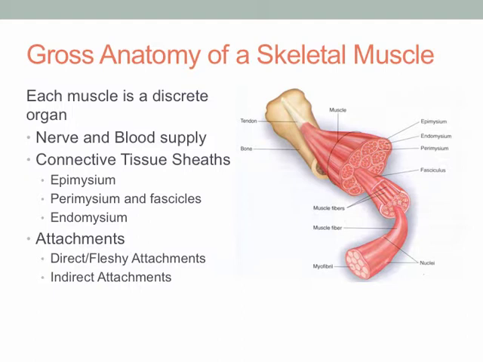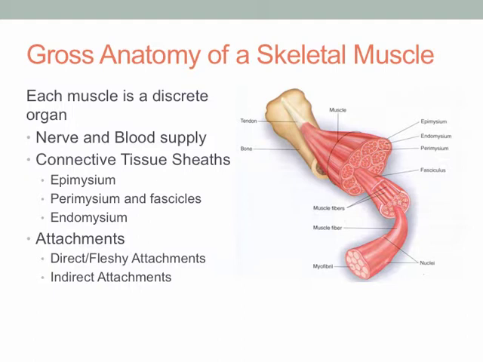Okay. Next, we want to talk about these connective tissue sheaths, because the muscle fibers themselves, the muscle cells, don't actually pull on the origins and the insertions. Remember, the origins and the insertions are the parts of the bone that the muscle is attached to.